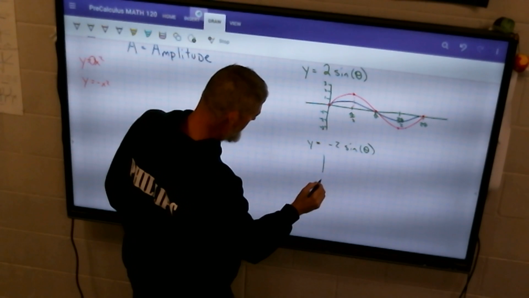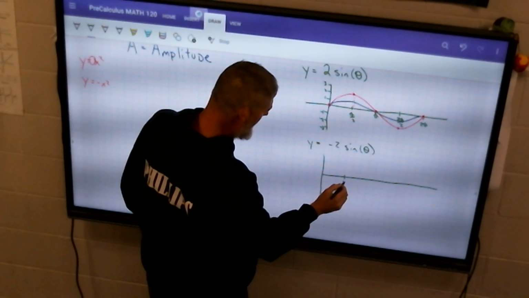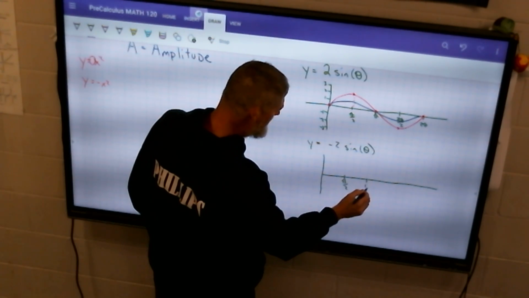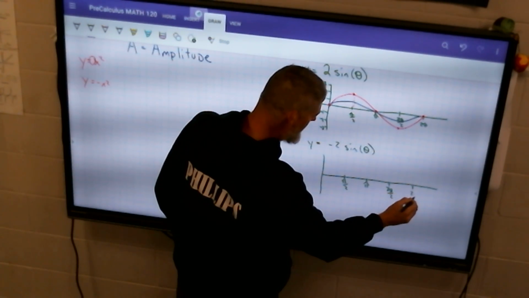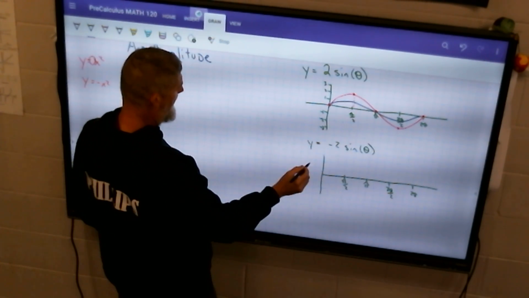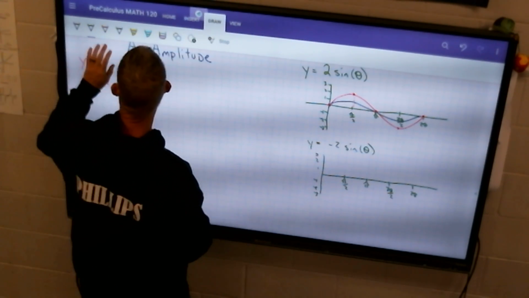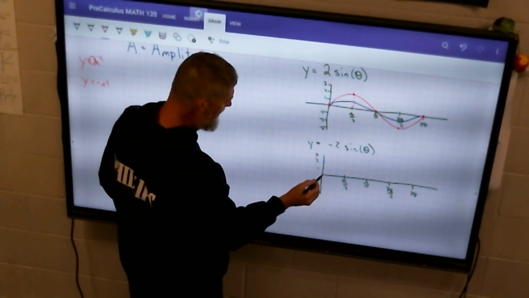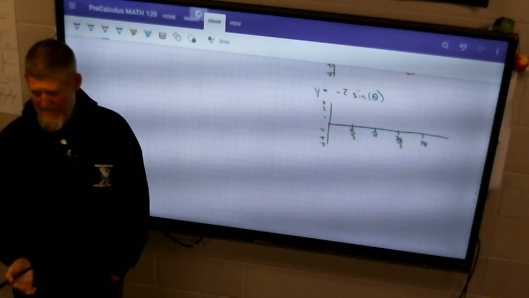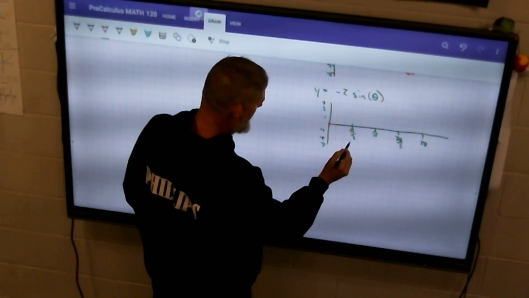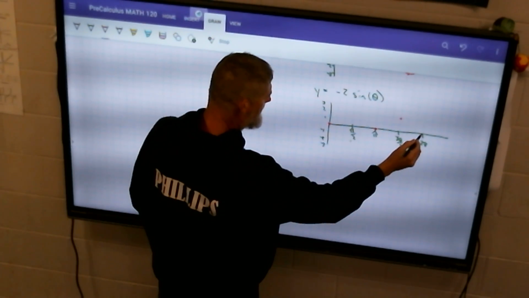So if I look at a graph, and we have pi over 2 and pi, once again, our 4 quadrantals. And I have 1, 2, 3, negative 1, negative 2, negative 3. So the negative just says, okay, I start at 0, but now my amplitude is negative 2. So I'm going to go down first. I'm going to go down to negative 2, back to 0, up to 2, and back to 0.